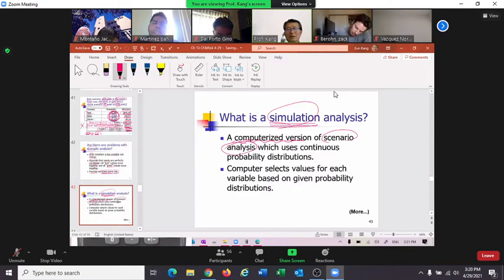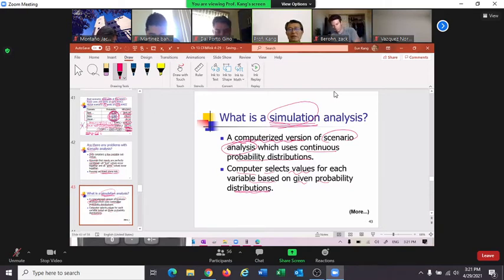right? And you use continuous probability distributions. So the computer selects values for each variable based on given probability distributions. So you have to enter information, then the computer generates the outcome.